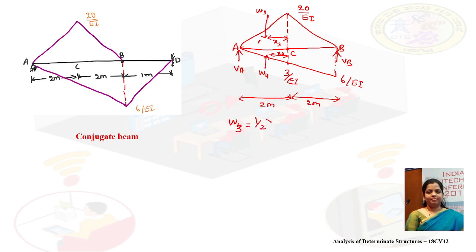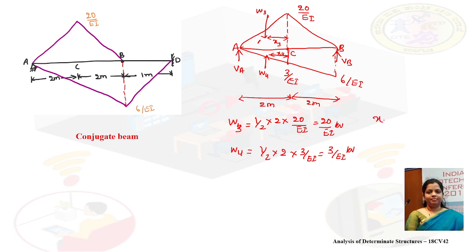W3 is half, base is 2 meter, height is 20 by EI. So it is 20 by EI kilonewton. W4, only this portion up to C, is half, base is 2 meter, height is 3 by EI. It is 3 by EI kilonewton.